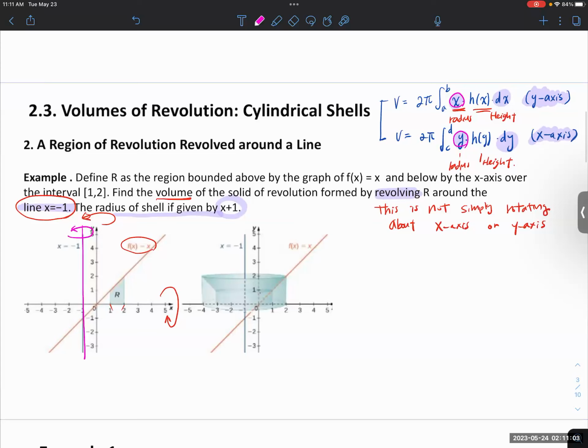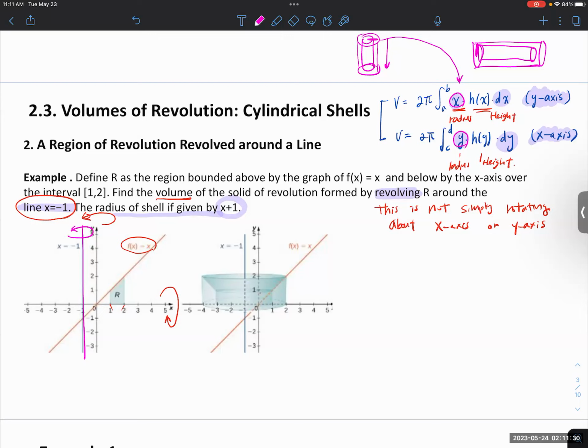If you rotate the function about the y-axis, you have infinitely many cylinders and the radius is on the x-axis, so the radius was x. But if you rotate about the x-axis, you have many cylinders horizontally, and the radius is exactly on the y-axis. So that's why we have x and y as the radius for each different rotation.